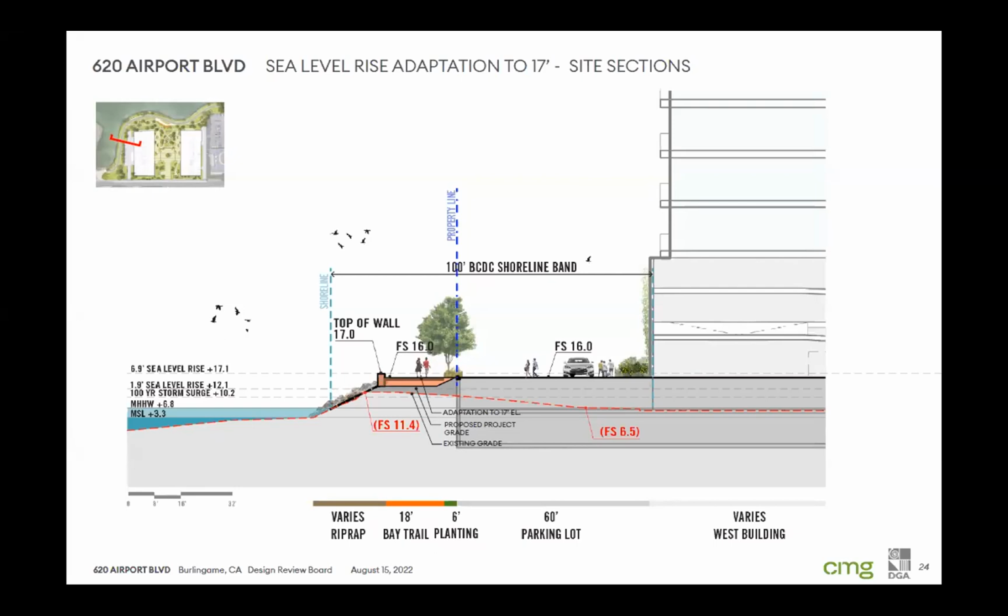So it's not a black and white setback, and we need to be mindful of that. Yeah. But I think thus far, the comments that we've seen where the shoreline band and attention to it and what goes into it in Burlingame have only resulted in better design projects. So I just wanted to note the staff perspective, but also recognize that the board's comments have been productive and useful.